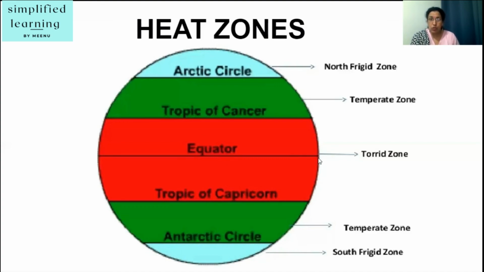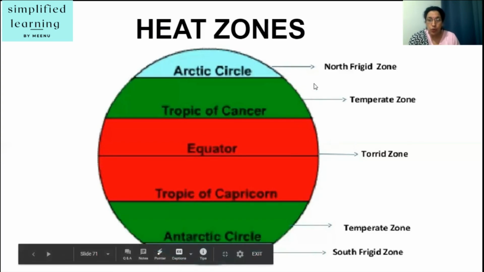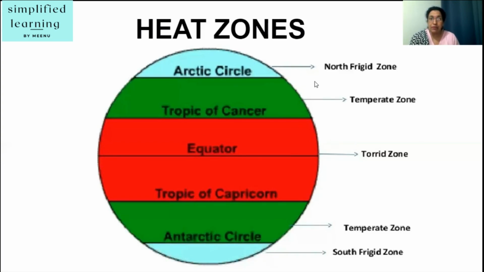So what happens in those phases of the day? They are not very hot, they're a little cooler. Similarly, it happens here when the rays of the sun are slanting, so these are the cold areas. The intensity of heat is less here. So these are the coldest zones.